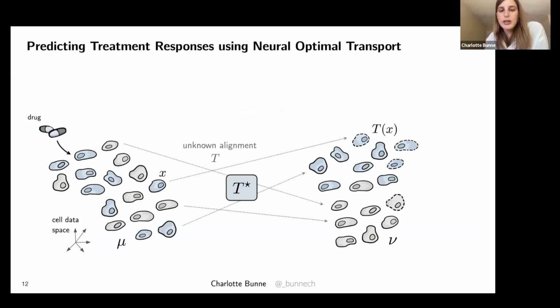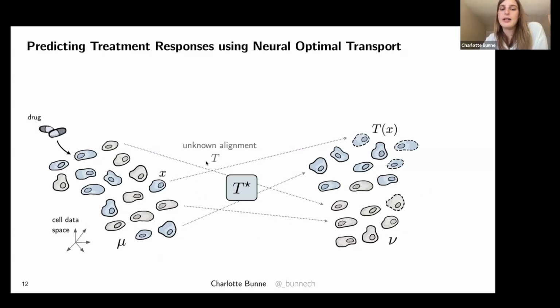So instead, we need to reconstruct the underlying alignment or dynamics that describe the map that would explain the transformation of my distribution mu into my distribution nu.